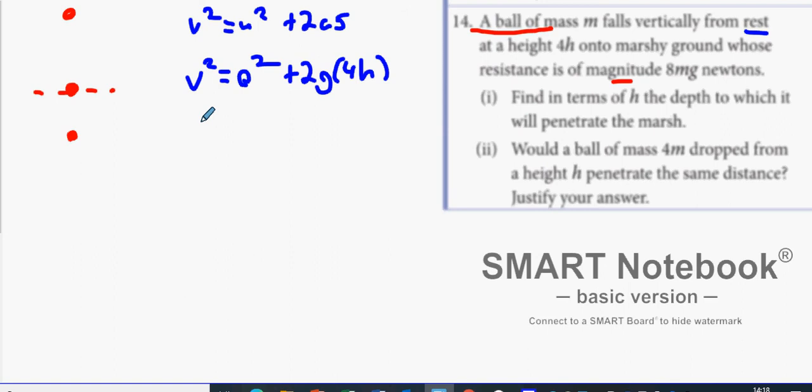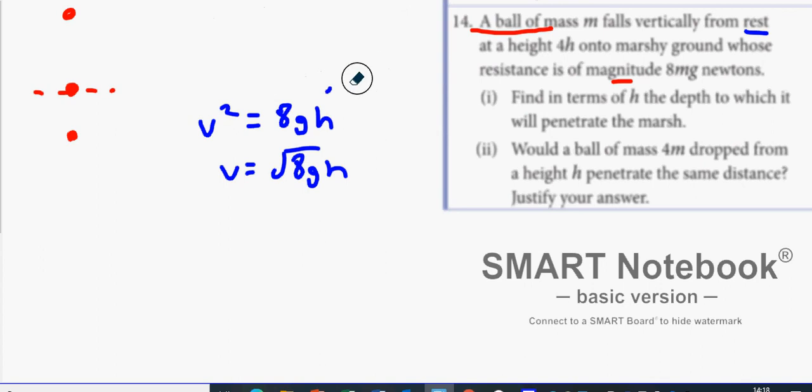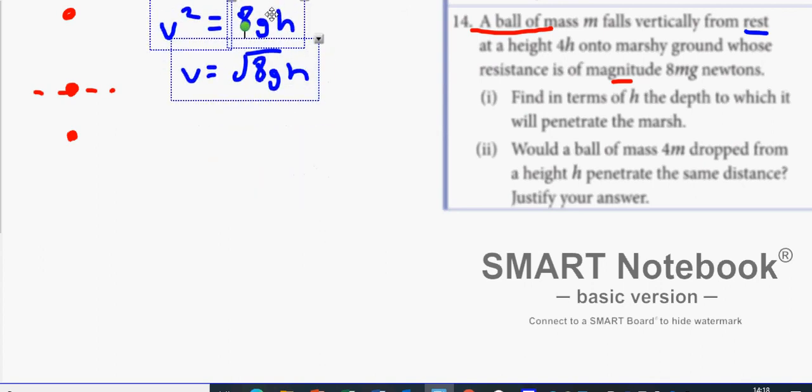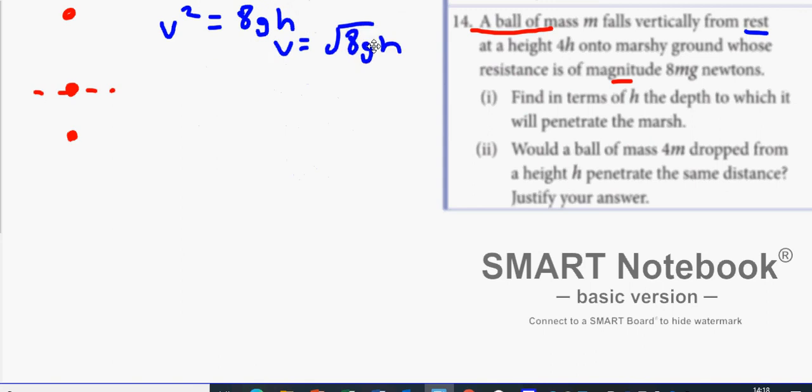So we're going to get v squared equals 4gh, or sorry, 8gh. And then v equals square root of 8gh. Alright, so I don't really need most of that info. All I need is these two parts here. The two of them can sort of stand side by side.